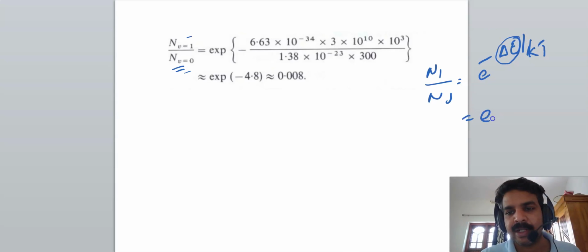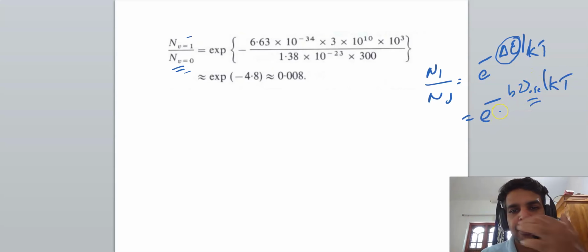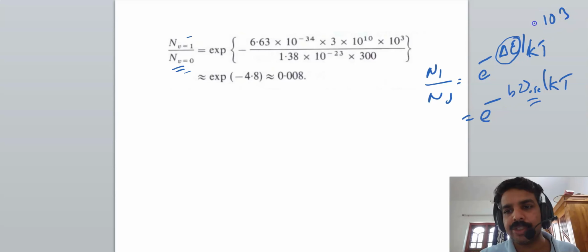Delta E is equal to h nu oscillation, and nu oscillation is approximately 10 raised to 3.